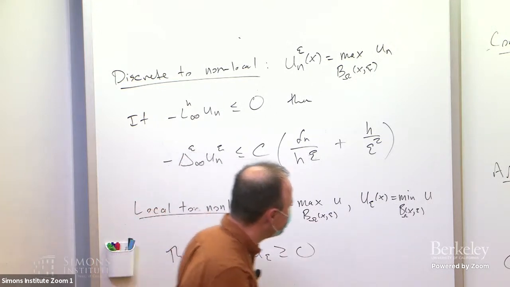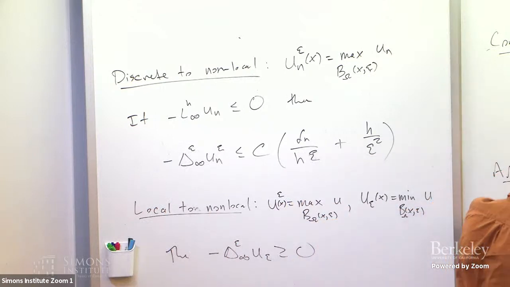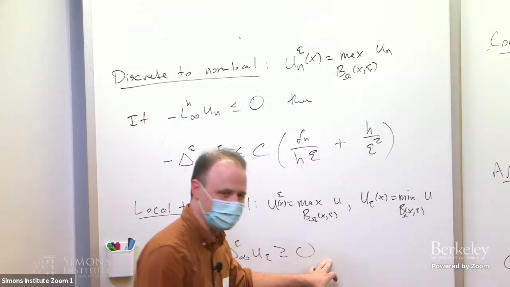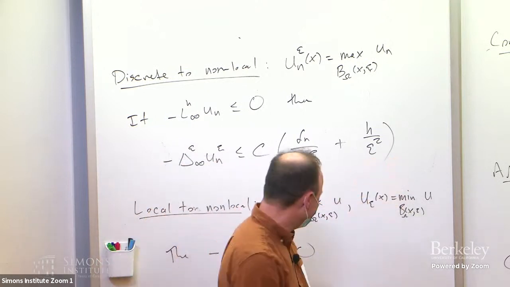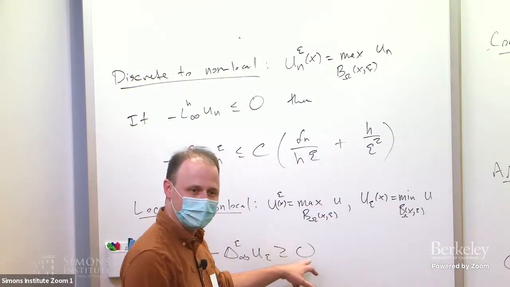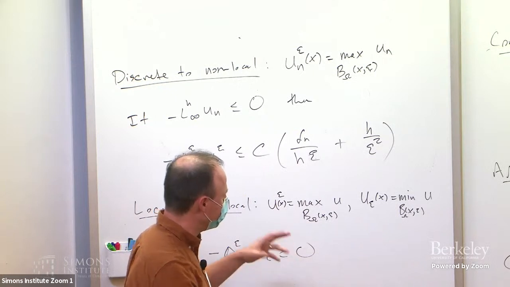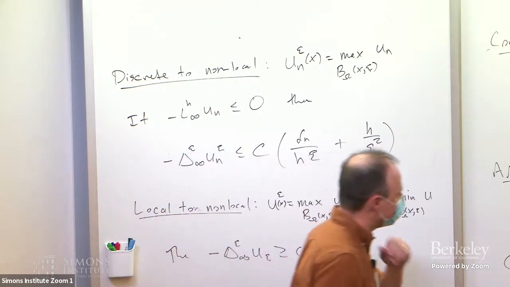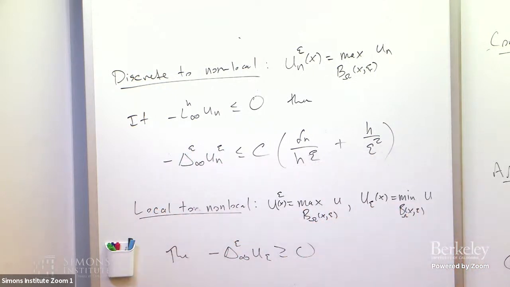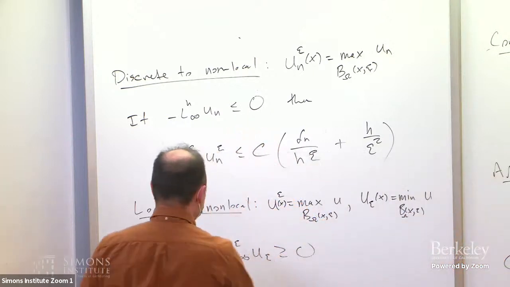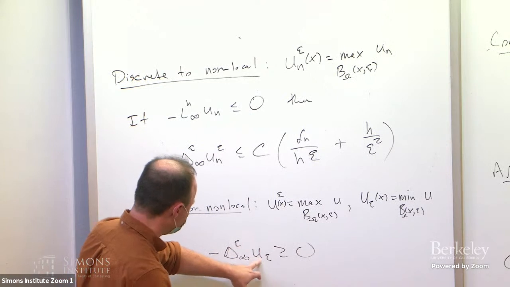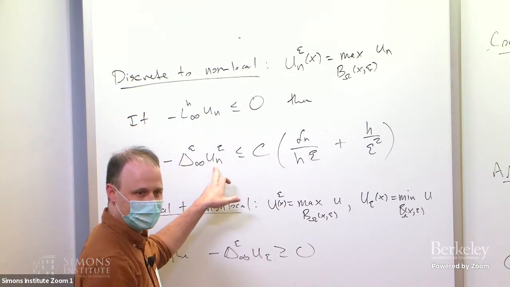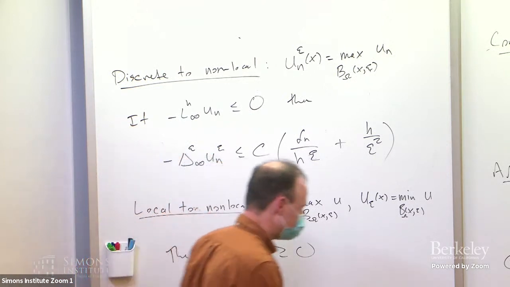There's always like a Taylor expansion going from here to here, and you have Taylor expansion errors and so on. And so it's quite miraculous that you can do this without any errors here. And this is completely fundamental to getting the rate in these problems. So once you have these two things, then you apply the comparison principle for the non-local equation to relate u epsilon to un epsilon. And that's where the rate comes from.